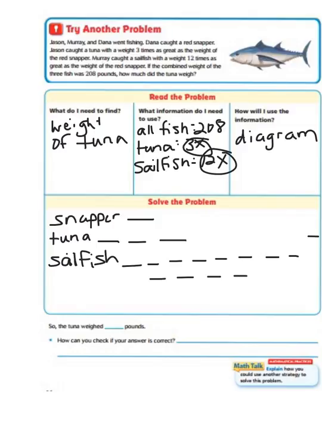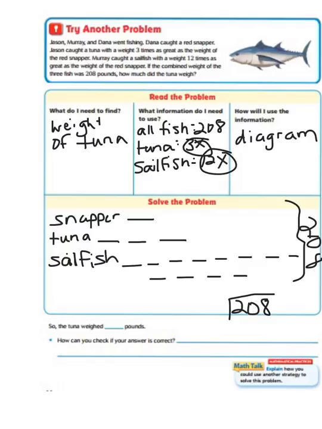And we know that all of them together weighed 208 pounds. So now our 208 becomes our dividend because that's how much they all weighed together, and we count our boxes. 1, 2, 3, 4, 5, 6, 7, 8, 9, 10, 11, 12, 13, 14, 15, 16.